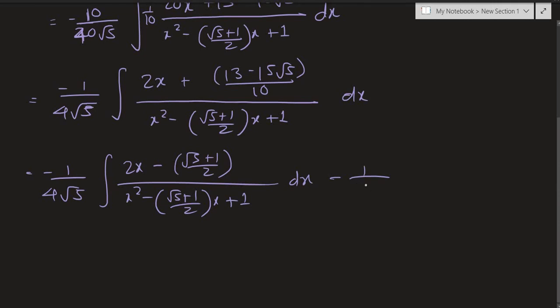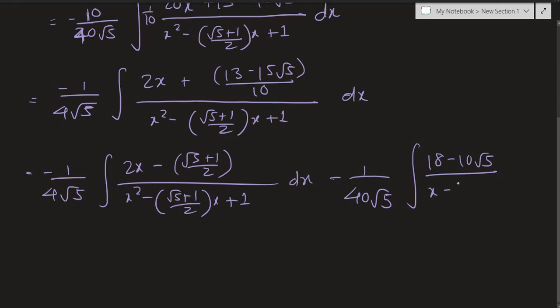1 over 40 root 5 times the integral of 18 minus 10 root 5 divided by this term, which we can actually complete the square here.